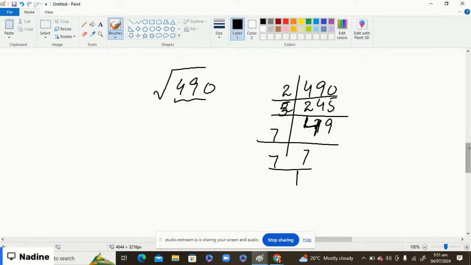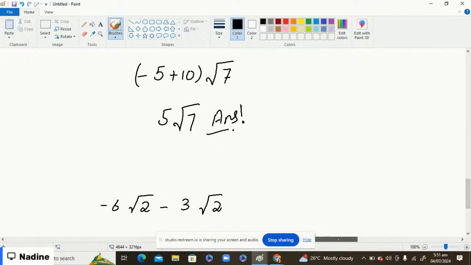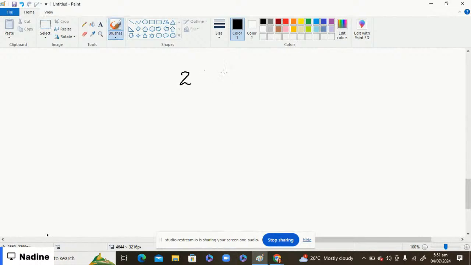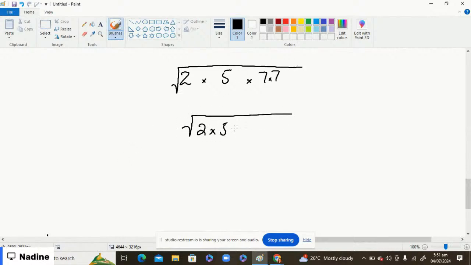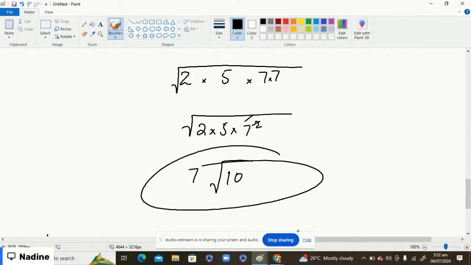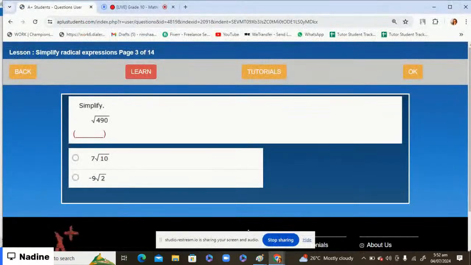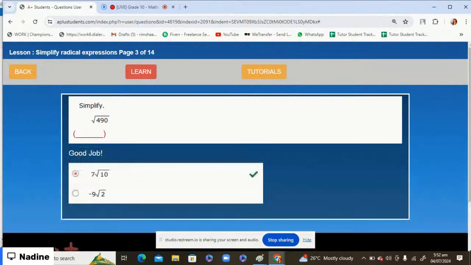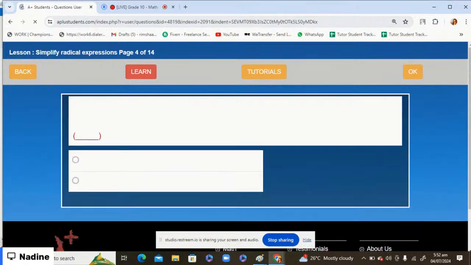So it becomes 2 times 5 times 7 times 7. So 7 squared goes outside, and 2 times 5 is 10. The answer is 7 square root 10. Yes, this is the right thing. This way we are going to solve these kinds of questions.